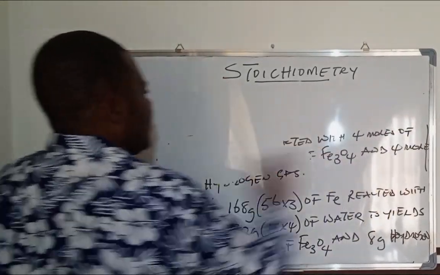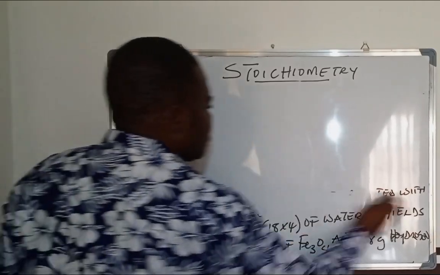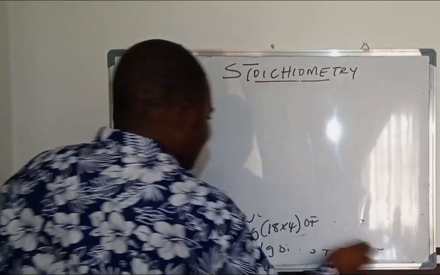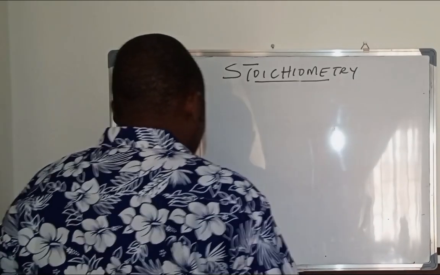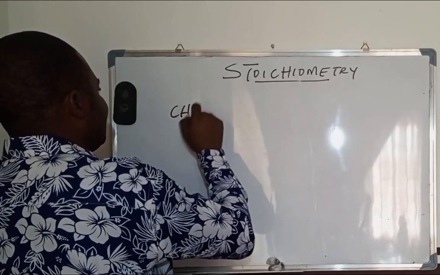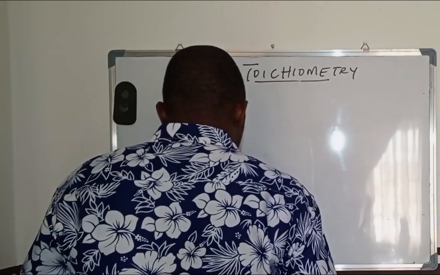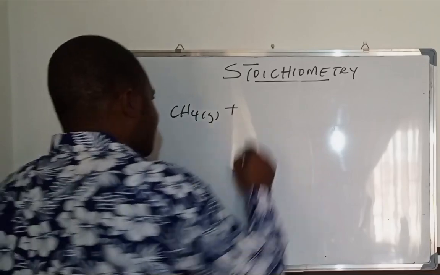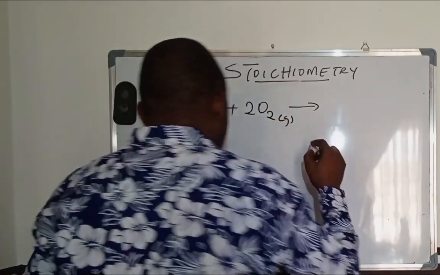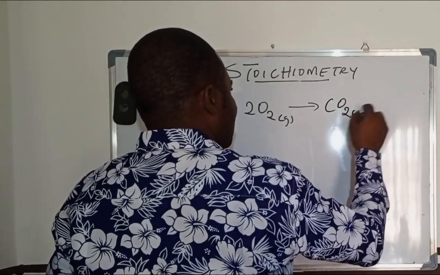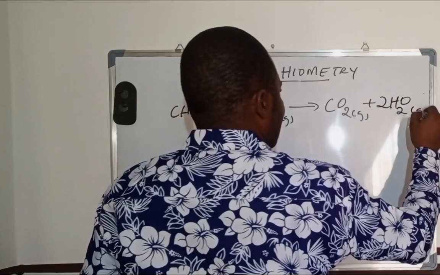Now, if we take a look at this kind of reaction that involves gases only, okay, it involves gases only. You will see that we have a typical reaction like CH4 gas, this methane gas, reacting with oxygen gas, and this gives us CO2 gas plus water in a gaseous form.